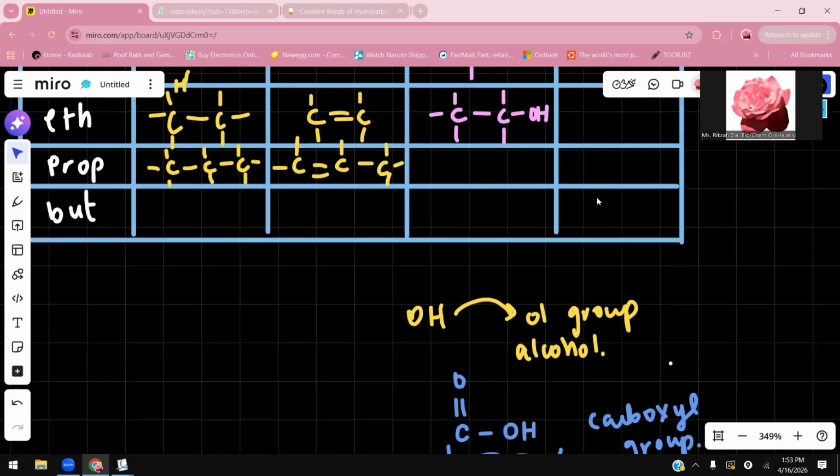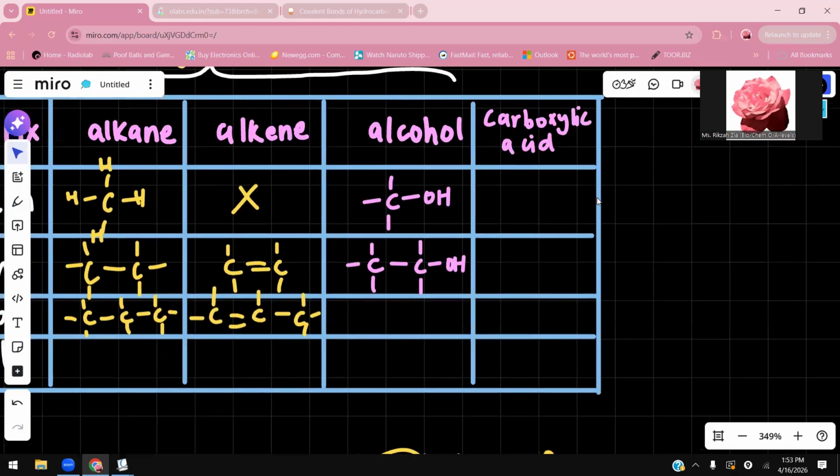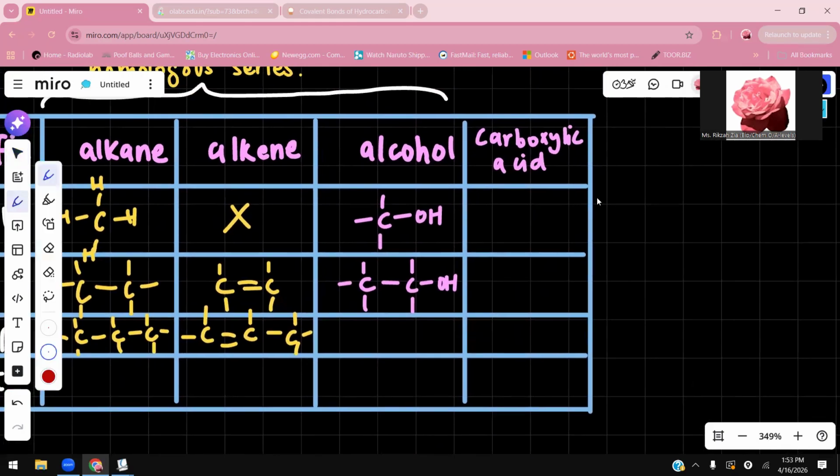Now, meth means one carbon. So we only have one carbon. This means the carboxyl group will be attached to that same carbon. There we go. Double bond O, OH. And there's space left here for one hydrogen. That's methanoic acid. Right.